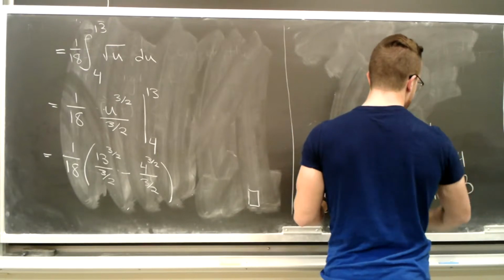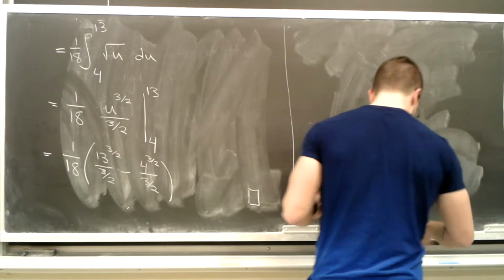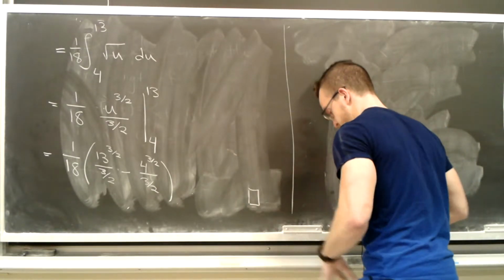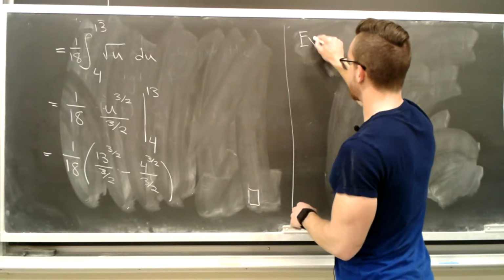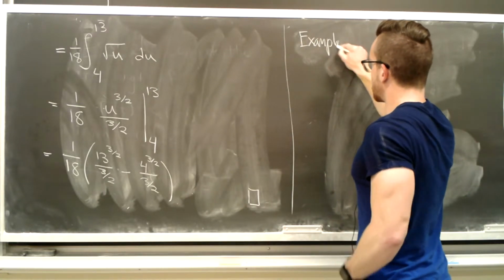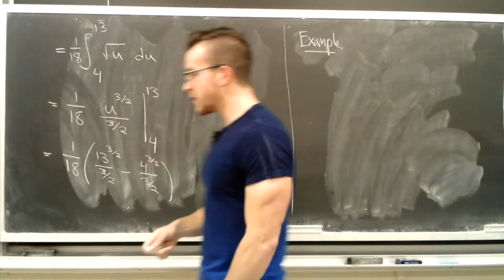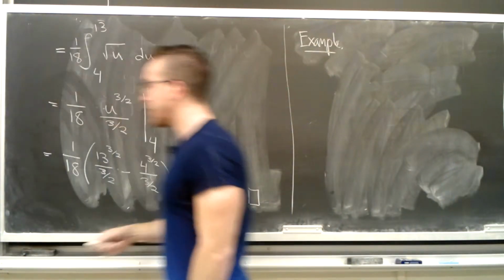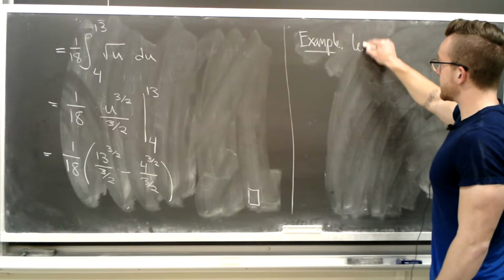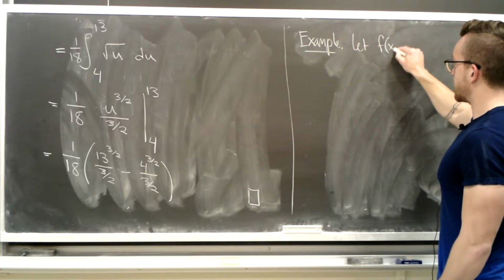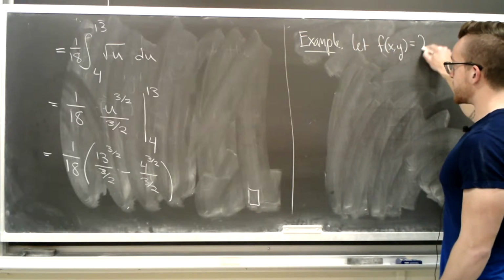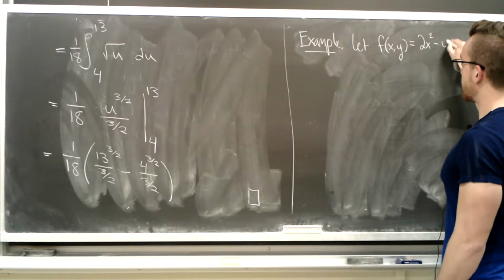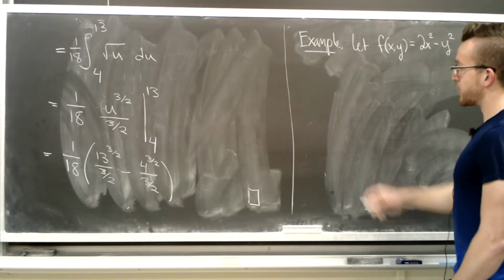All right, here's the next example. It's going to be a multi-parter. I'm going to give us a function. Let f of x, y be 2x squared minus y squared.